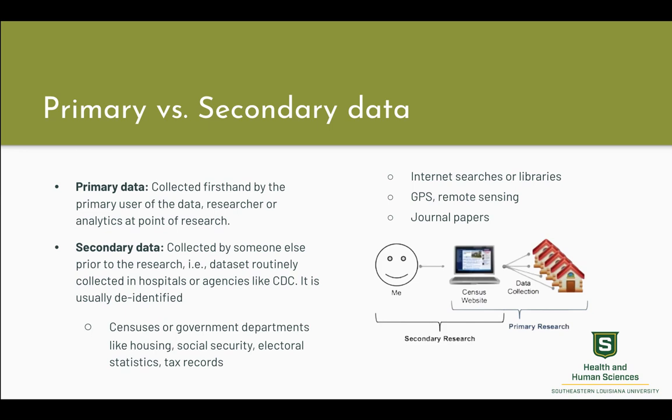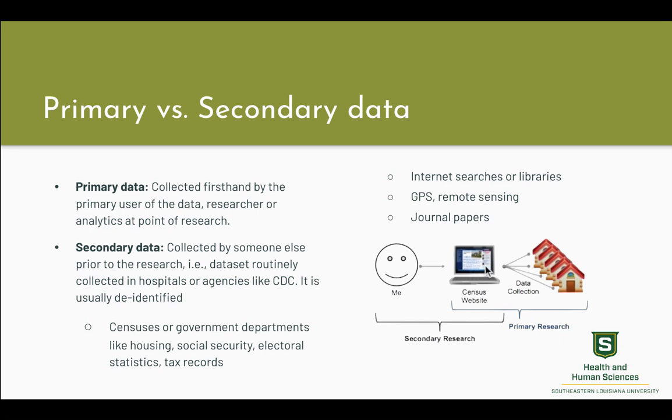This image helps you differentiate primary data and secondary data. With primary data, somebody goes into the different houses and collects the data, and the information collected is fed into the census website. Let's say this is me wanting to do data analysis, and I cannot afford to go into all of these houses to collect data because that is quite expensive.